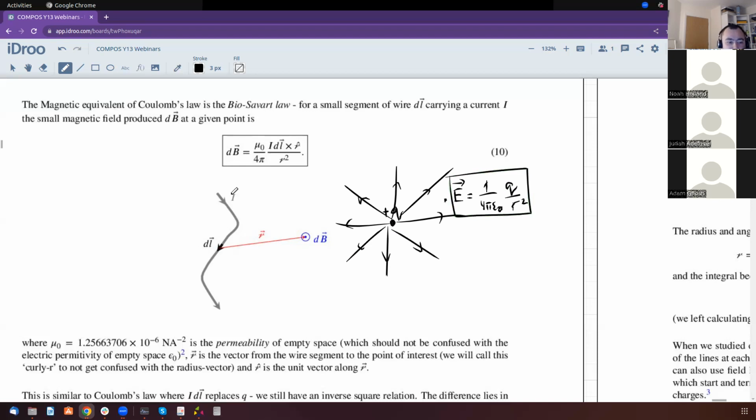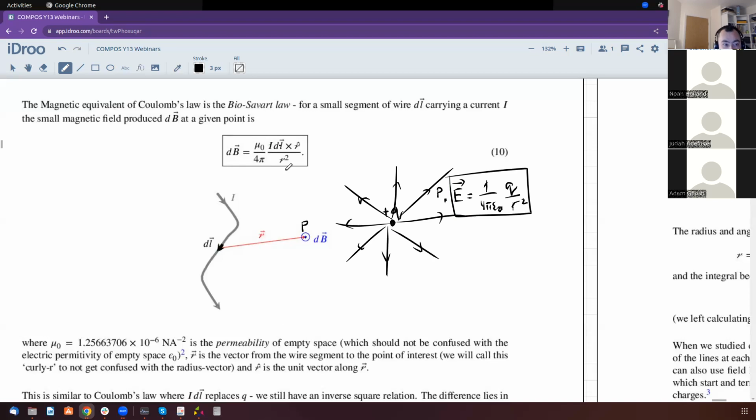And if you look at this formula, this is the magnetic field created by a small section of wire at a point. So this is the electric field at point P, and this is the magnetic field at point P. Quite interesting. You can see that these formulas are very similar. There's the current and the length of the wire.